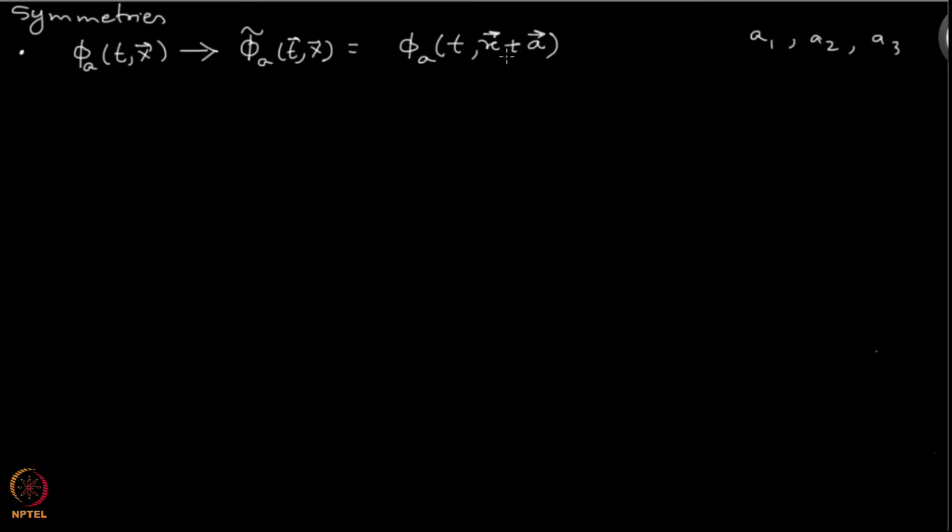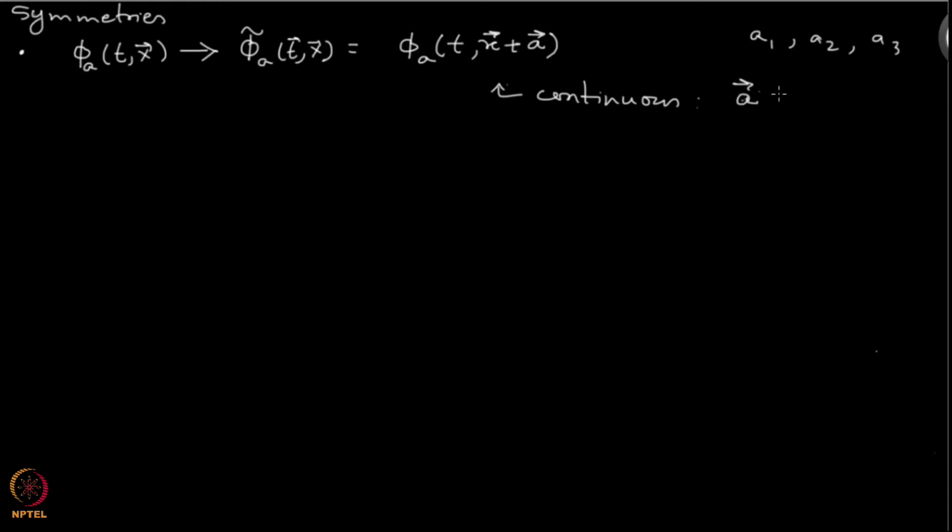So this kind of symmetry transformation is a continuous transformation. They are continuous because they are parameterized by a continuous parameter A, or in this case three continuous parameters.